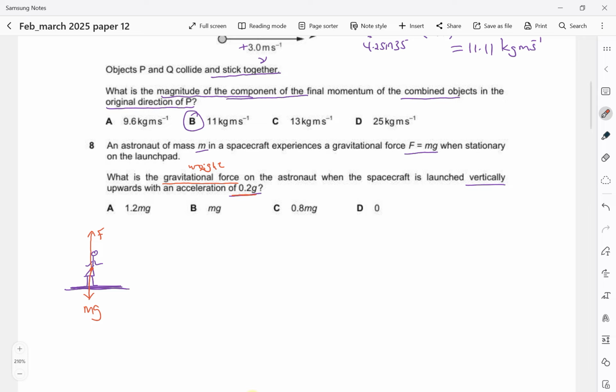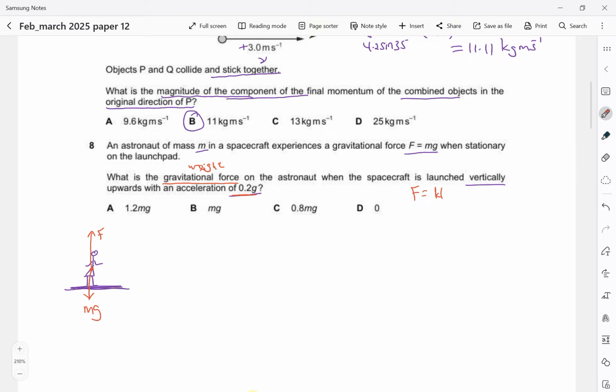The acceleration of the spacecraft does not affect the weight of the astronaut at launching, because the weight depends on the mass of the astronaut and the acceleration due to gravity, or the gravitational field strength, which is still g, not the launch acceleration.